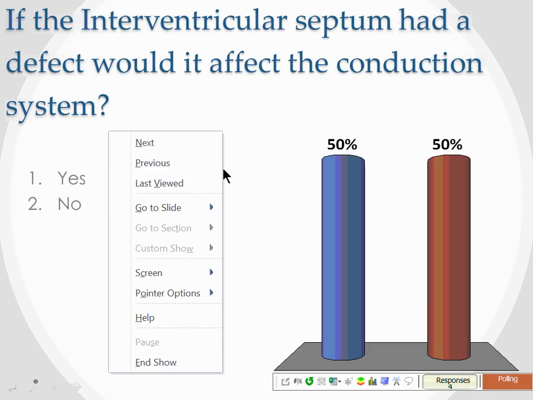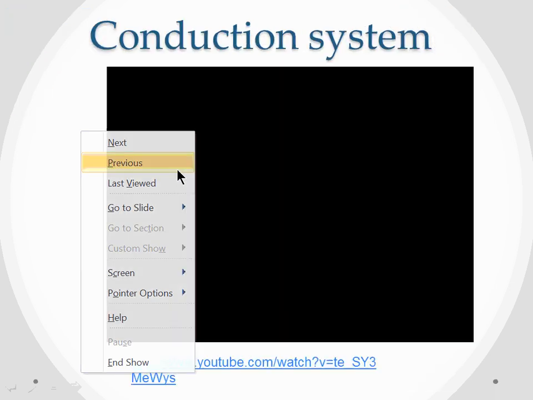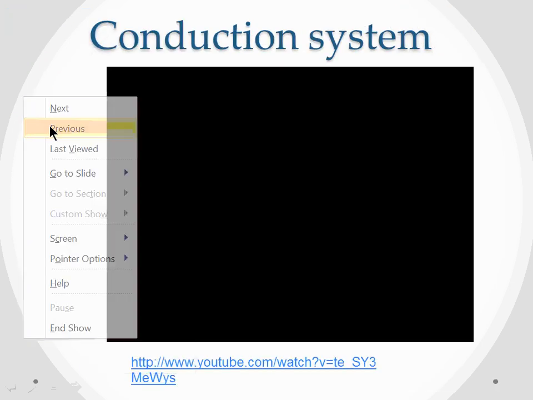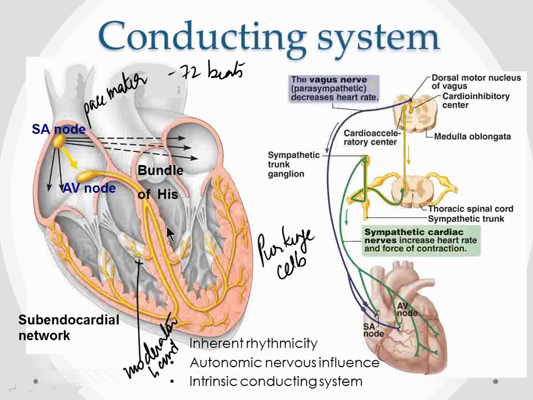Suppose that when I say it has a defect, I mean there's a hole in it. Look at this picture here. This is the interventricular septum. Can you see this bundle of His is passing through the interventricular septum? So if there was a big hole over here, what would happen? You would affect the conducting system, right? Because the conducting system would be directly affected.